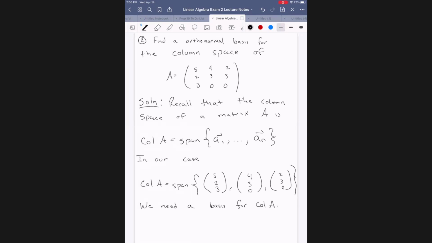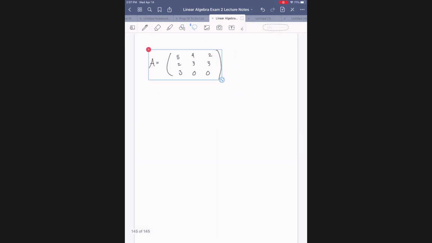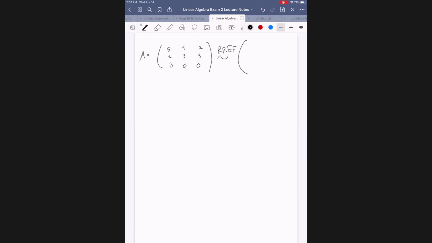Yeah, exactly. Perfect. So let's RREF it then. Let me take this again. So take this, RREF it, and if you RREF it, you're going to get this: 1, 0, -6/7; 0, 1, 11/7; 0, 0, 0.